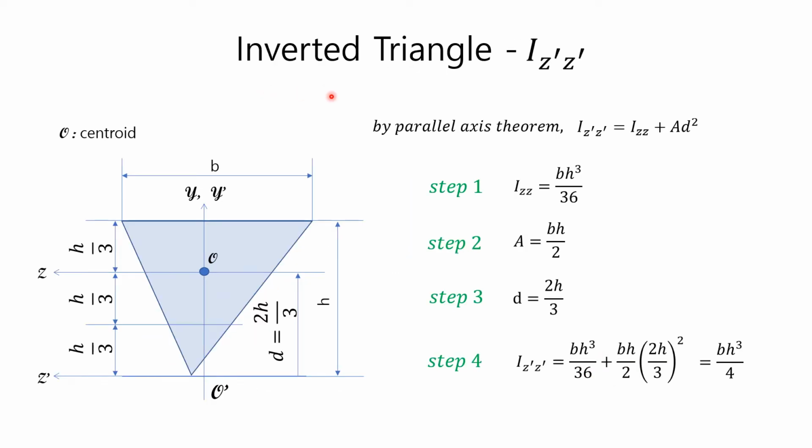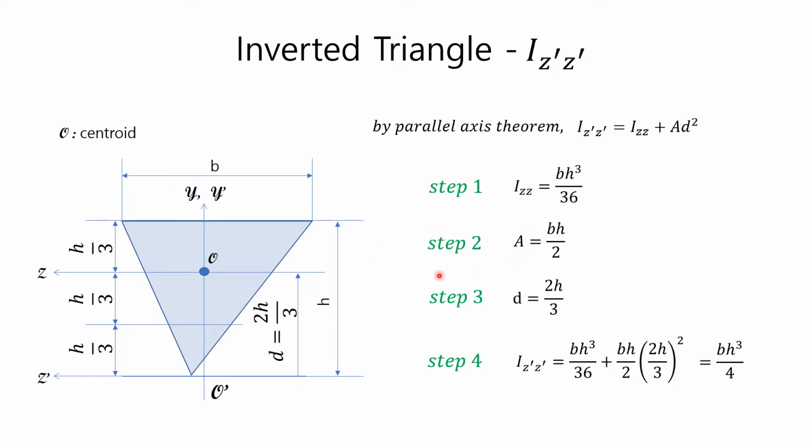How about inverted triangle? To get the second moment of area for the inverted triangle, let's employ the parallel axis theorem. In the first step, we need Iz, which is second moment of area with respect to the axis passing through the centroid of a triangle, which I have already obtained in the previous slide.